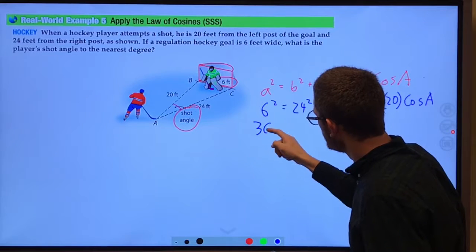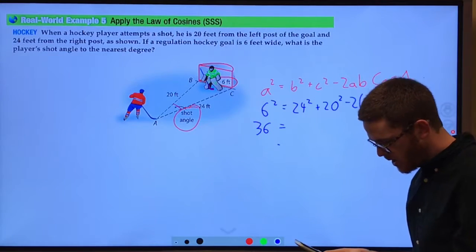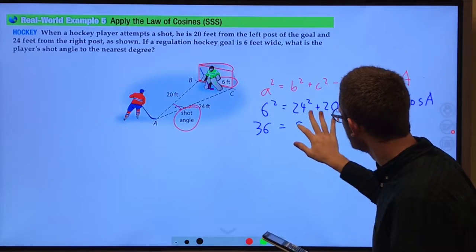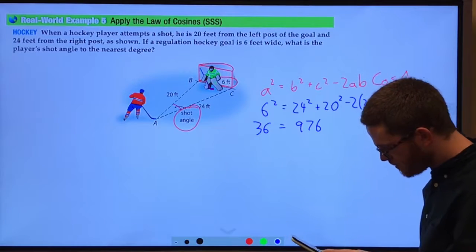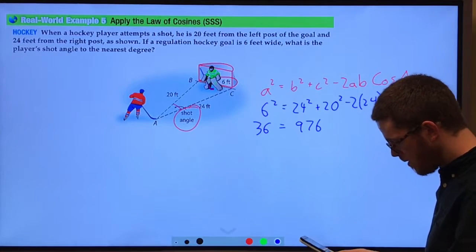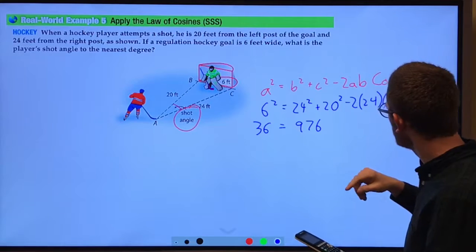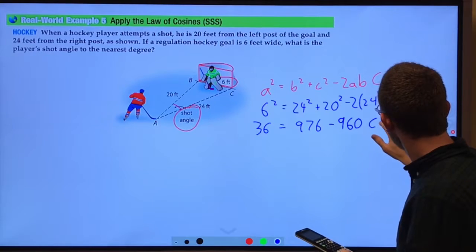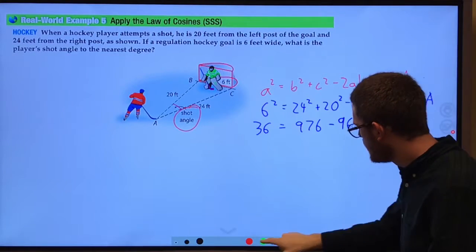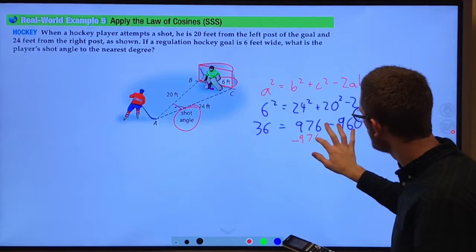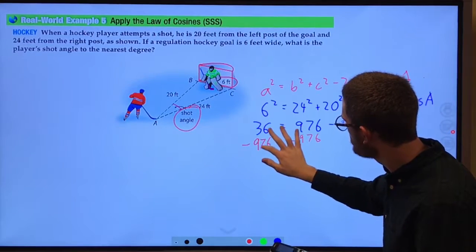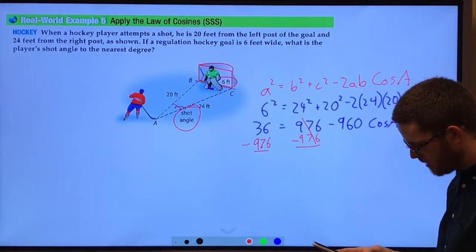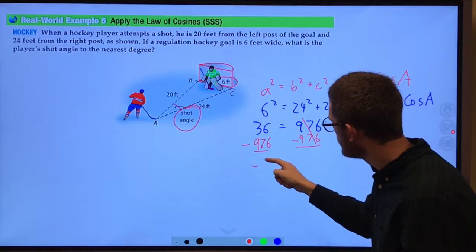Let's start typing some stuff in. We know what this is. This is 36. 24 squared plus 20 squared gives me 976. 2 times 24 times 20 is 960, cosine of A. I need to subtract 976 from both sides. 36 minus 976 gives me a negative 940.